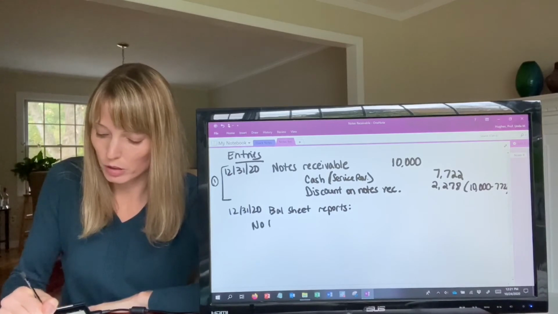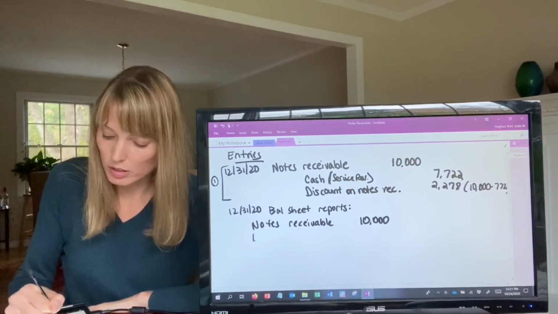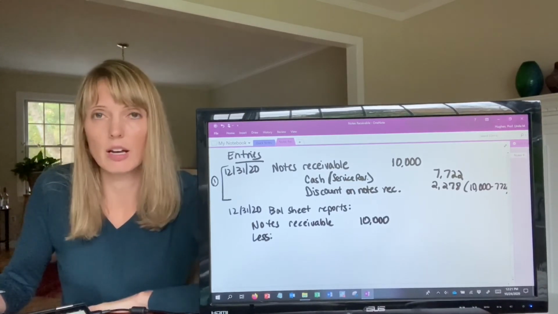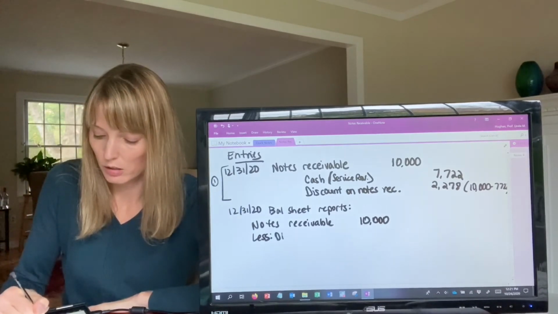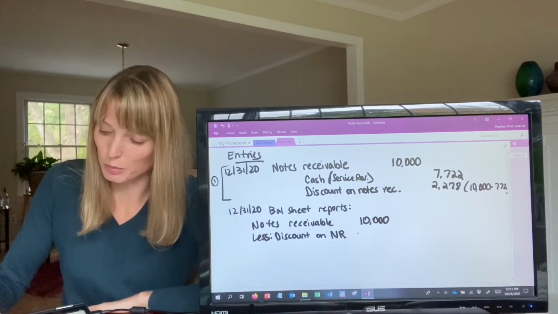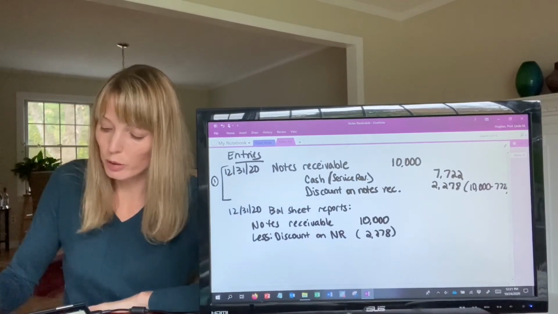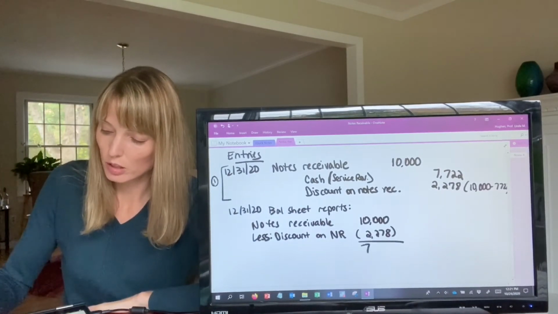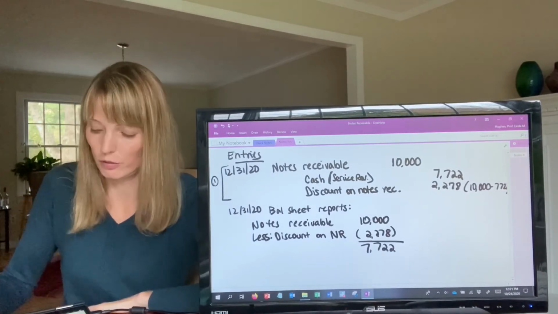It would report notes receivable of $10,000 less the discount. So this discount account is another example of a contra asset. Lack of room, I'm just going to abbreviate this on notes receivable. So minus 2278. And we call this difference, the 7722, the carrying value of the note.